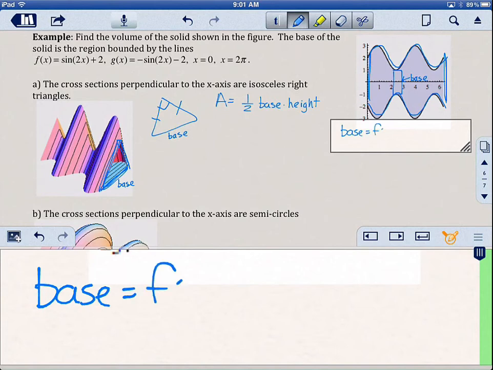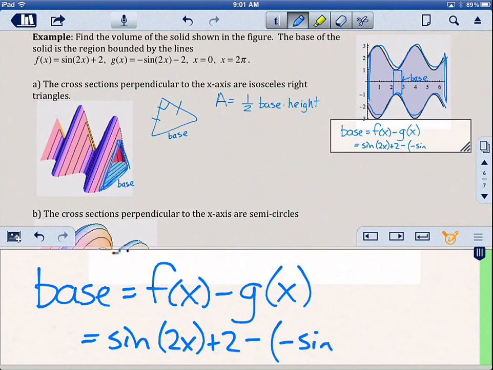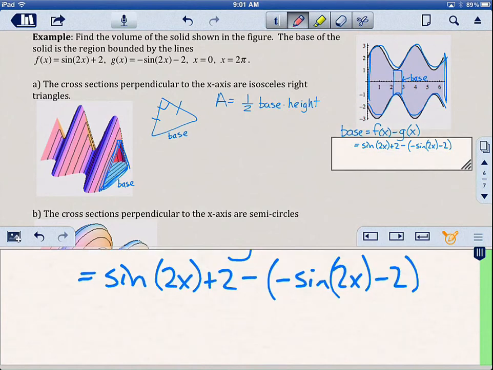Finding the base isn't too bad. It's just going to be f of x minus g of x, which is sine of 2x plus 2 minus negative sine of 2x minus 2. And we'll change our signs here.